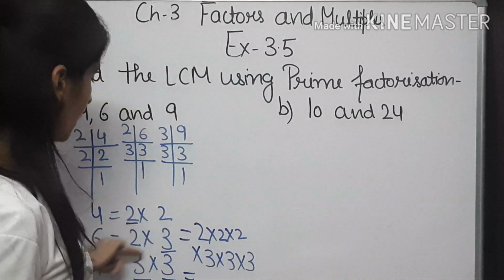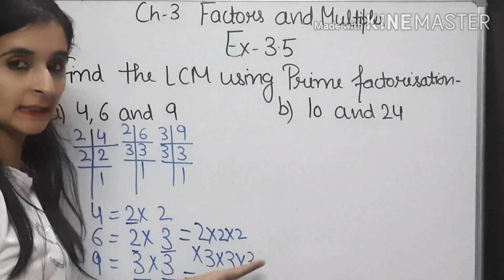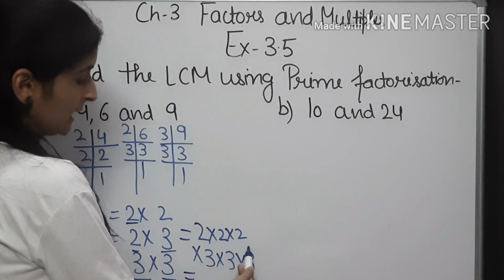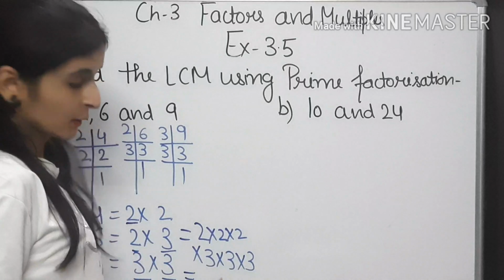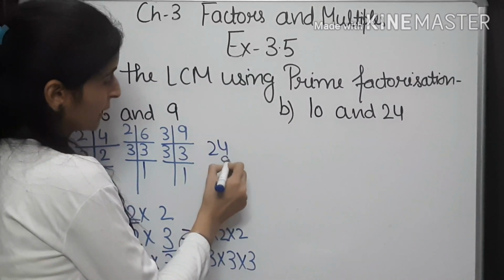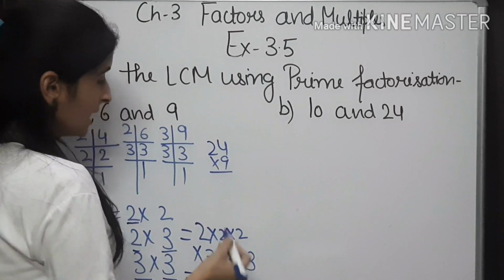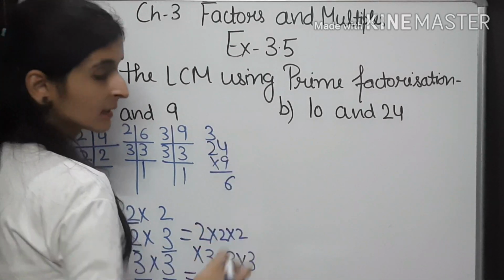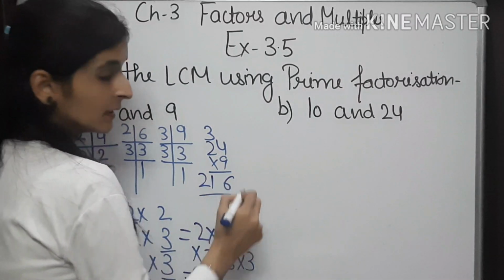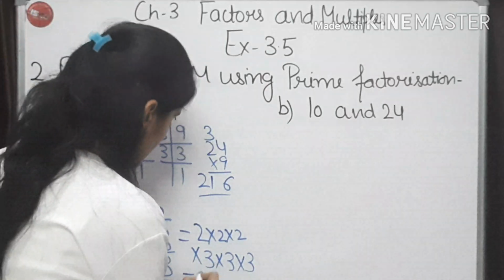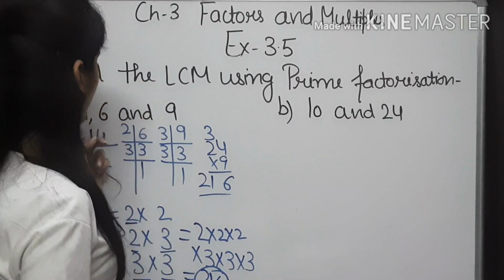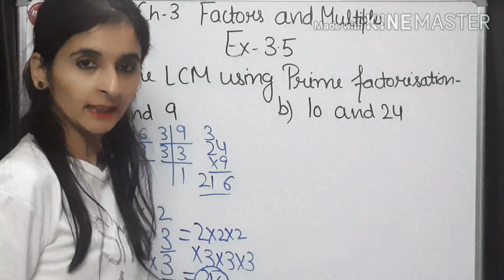Then you will take all these prime factors separately and find the product. So 2 2s are 4, 4 2s are 8, 8 3s are 24 and 3 3s are 9. So you can multiply 24 by 9 and you will get the LCM. 9 4s are 36, 9 2s are 18, 18 and 3 is 21. So 216 is the LCM of 4, 6 and 9.